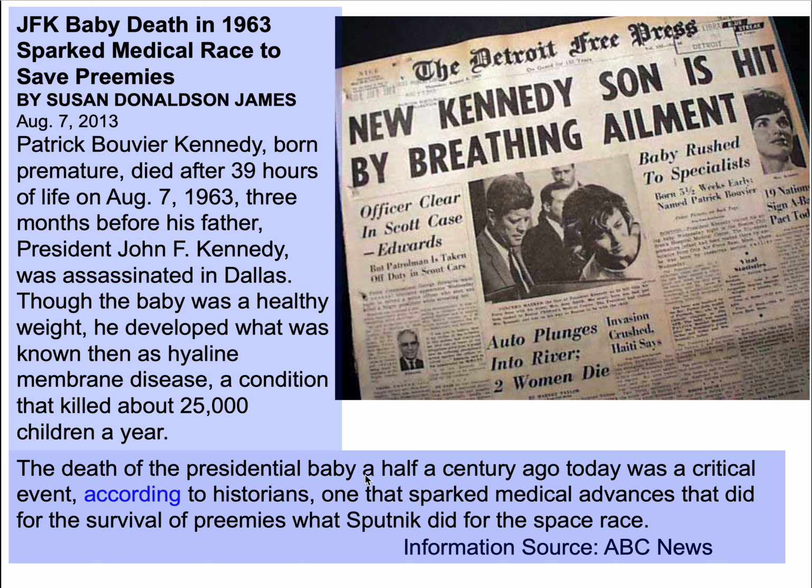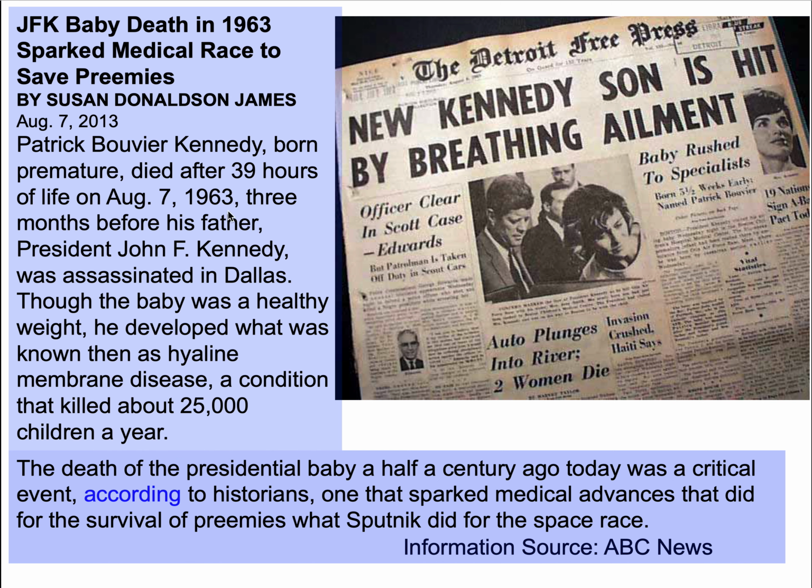So here, they're saying a half century ago, but now it's 59 years ago that all of this tragedy happened. You can see August 7th, 1963 is when this happened. On November 22nd of 1963, President Kennedy is assassinated.